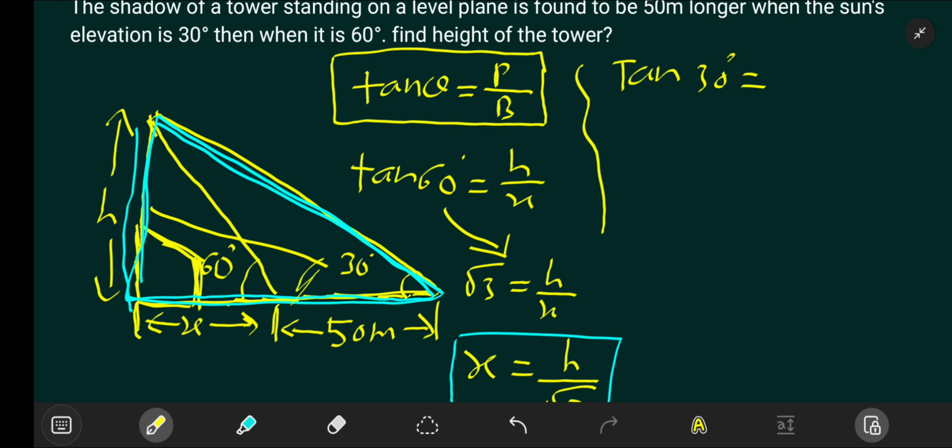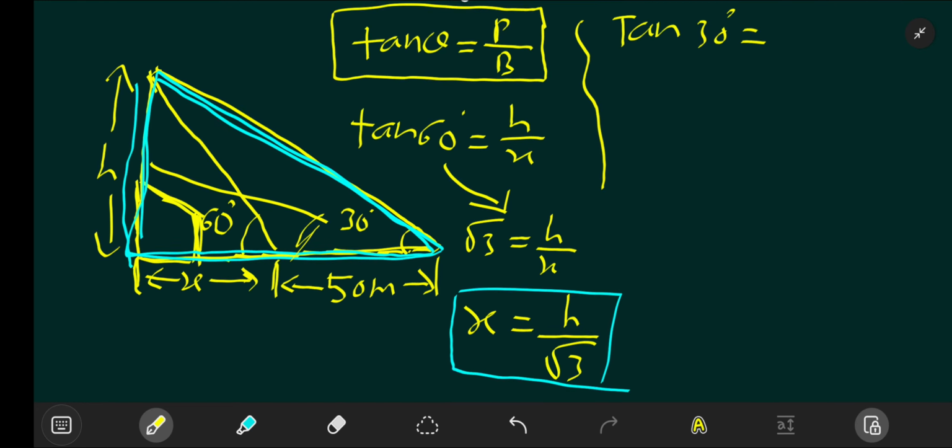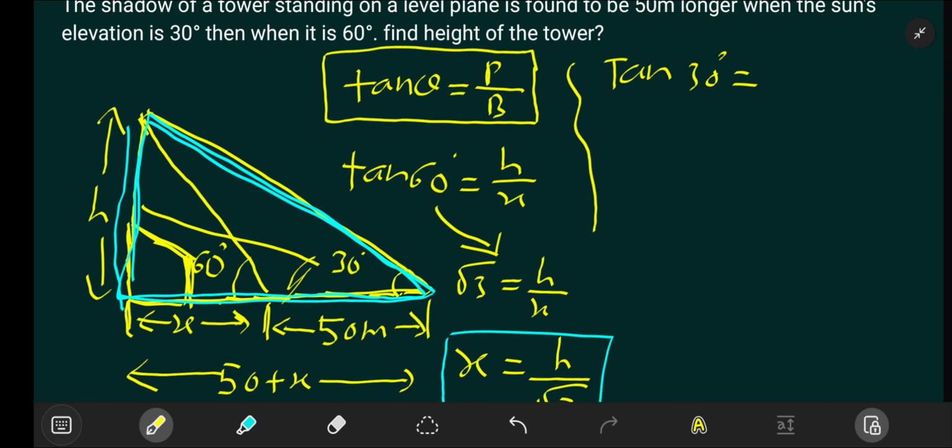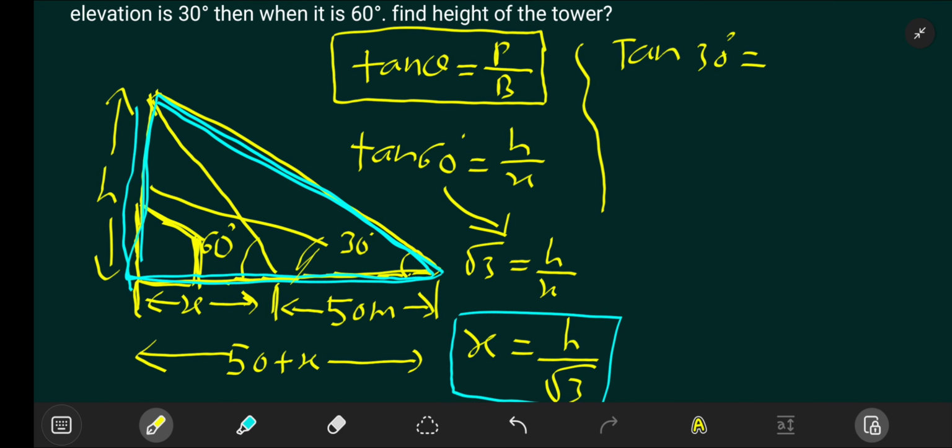The perpendicular side is h and the base is this complete distance, 50 plus x. So tan 30 degrees is equal to h upon 50 plus x, sorry, not h, x.